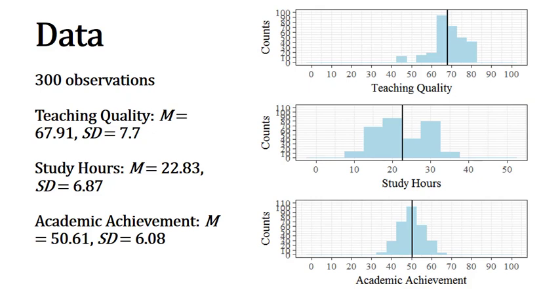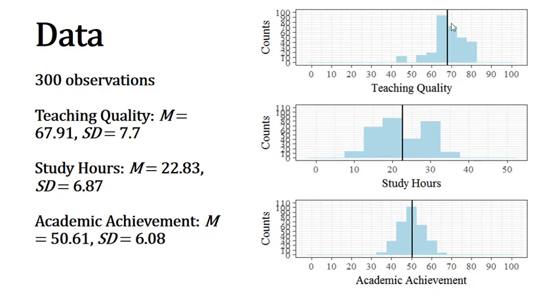Okay, so these are the data. This is 300 observations, and the variables we measured are teaching quality, study hours, and academic achievement. Teaching quality is in the top graph. The mean is 77.91 with a standard deviation of 7.7.